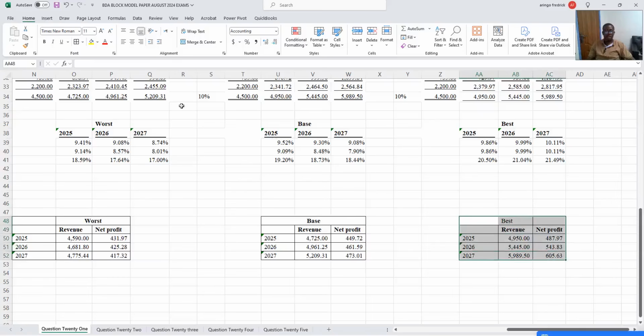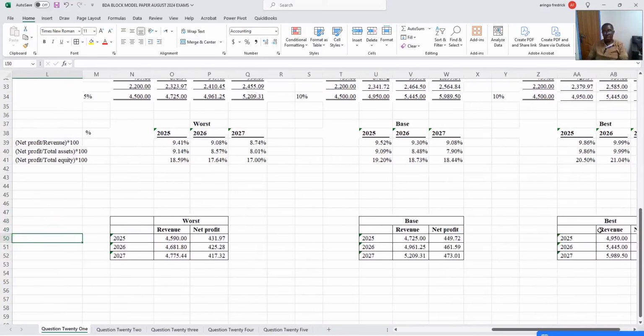Once you have your data set like that, what you're supposed to do is simply prepare our graphical representation. We can prepare our graphs given the data set that you're having.